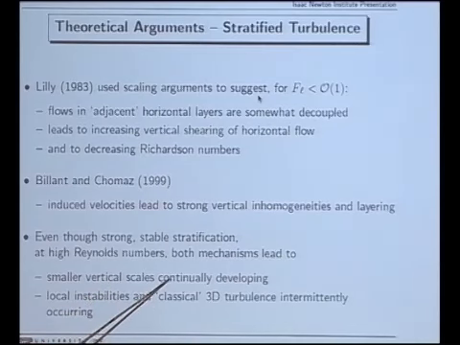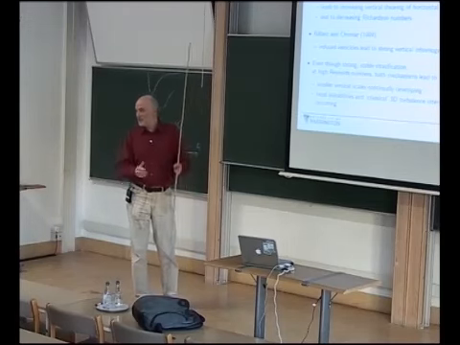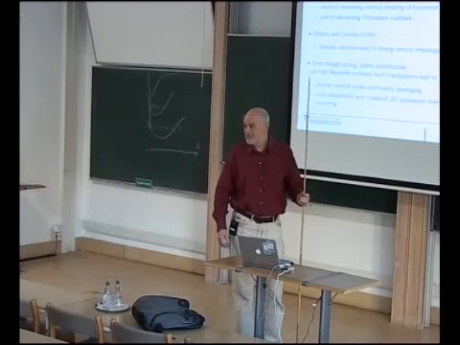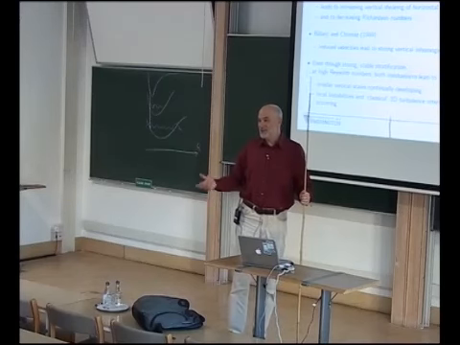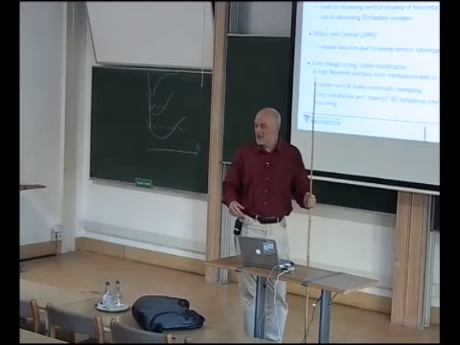So both of these arguments tend to say that you can have strong, stable stratification, but if the Reynolds number is high enough, you'll get small vertical scales continuing to develop, and so you can have local instabilities and turbulence. So no matter how strongly you stratify it, if the Reynolds number is high enough, it can be turbulent.